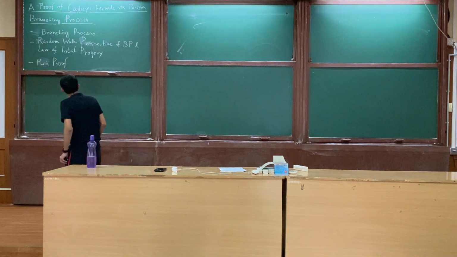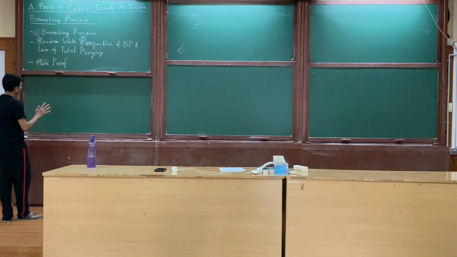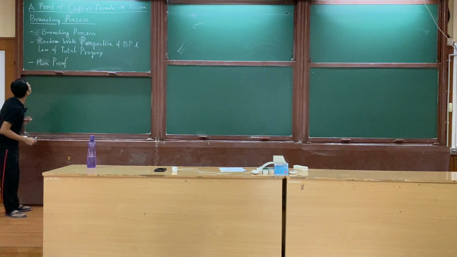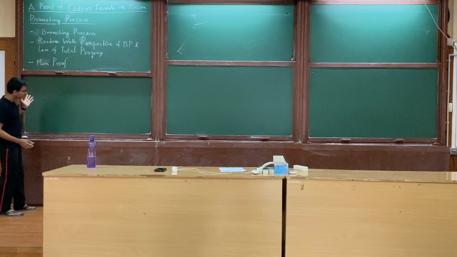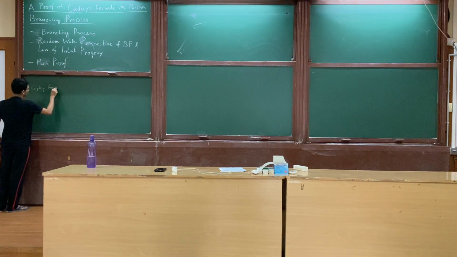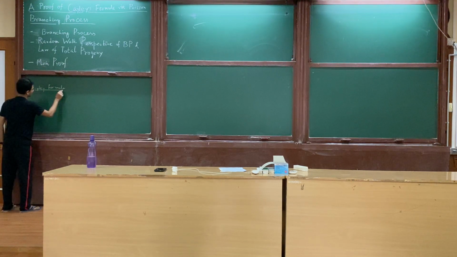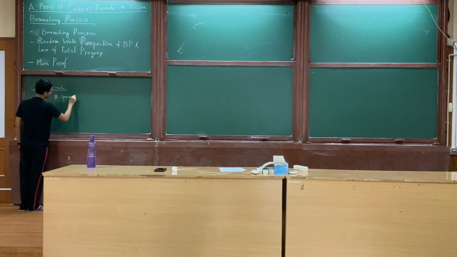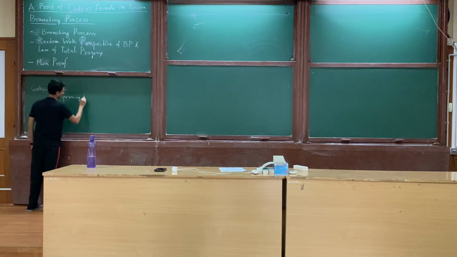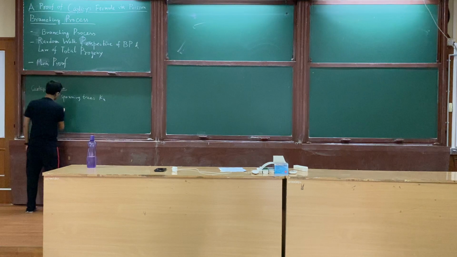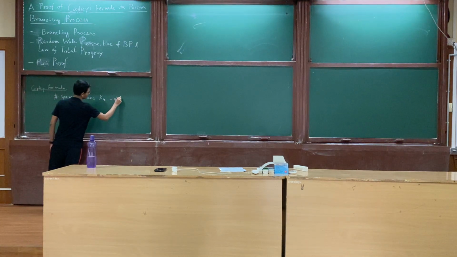So before going into the actual proof, we will get into some machinery that is needed for this. What is Cayley's formula? It says that the number of spanning trees of the complete graph Kn is equal to n to the power n minus 2.